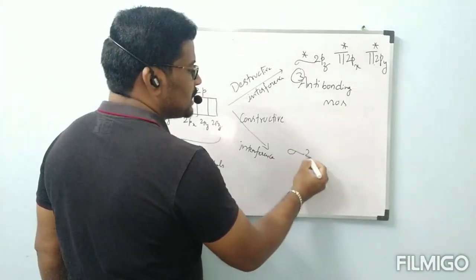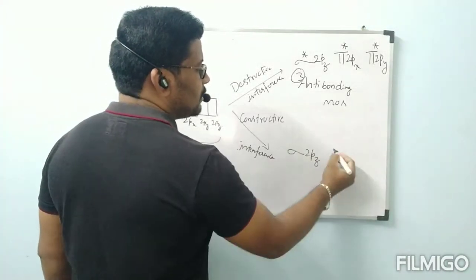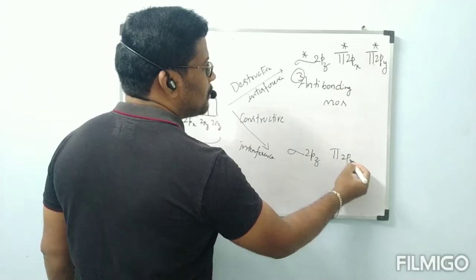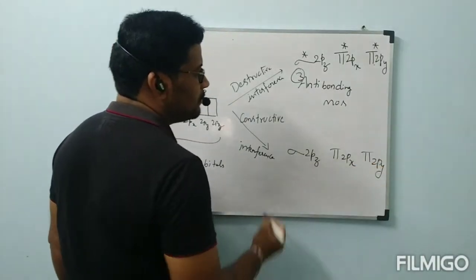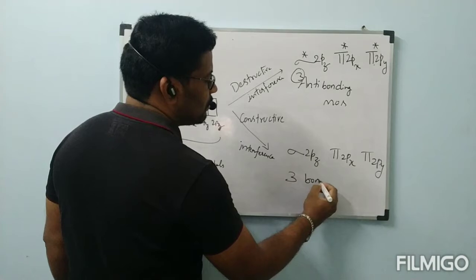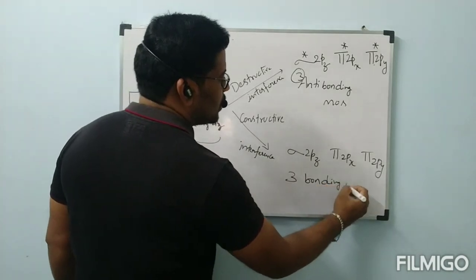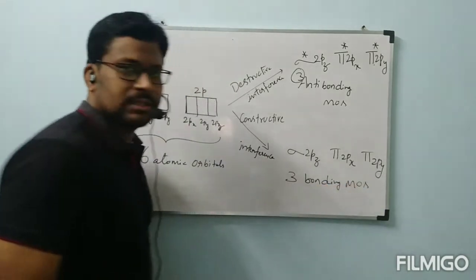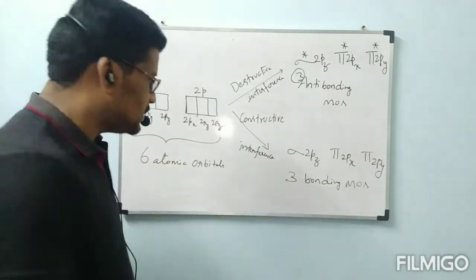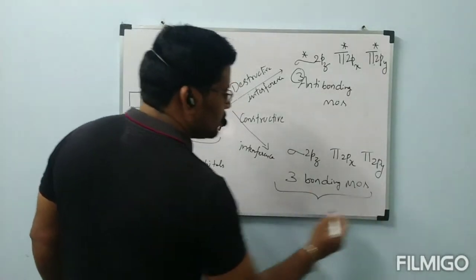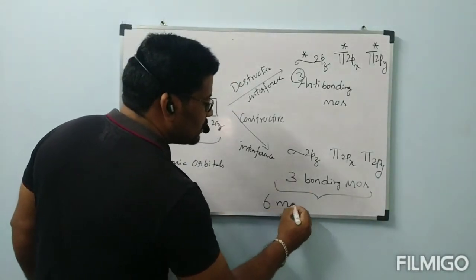Those are sigma 2pz, pi 2px, pi 2py. 3 anti-bonding molecular orbitals and 3 bonding molecular orbitals, totally 6 molecular orbitals.